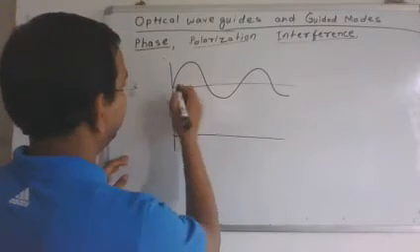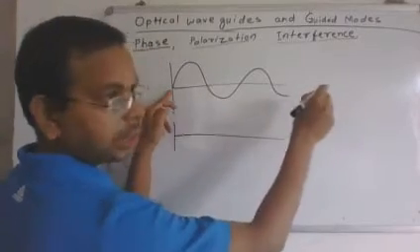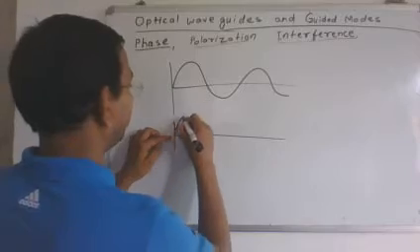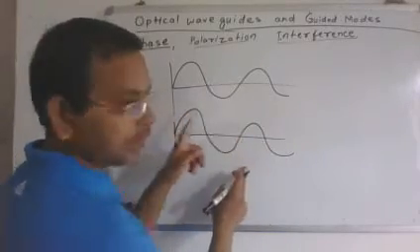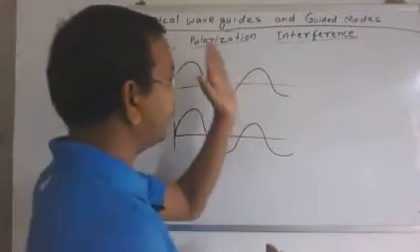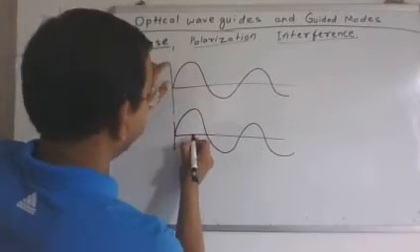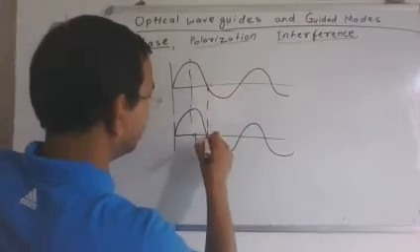Suppose this starts at zero phase and goes on changing in this direction, and this also starts with the same zero phase, and it goes. So both are from the same source, both having the same phase position. At this position both are in zero phase, at this position both are in pi by 2 phase, at this position both are in pi phase.